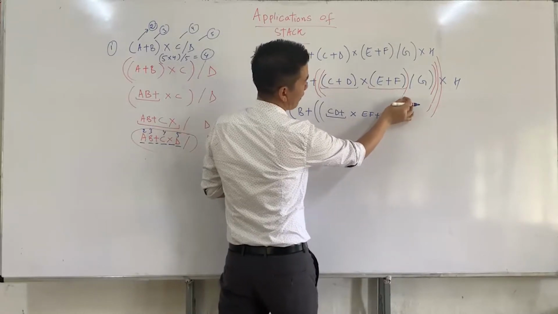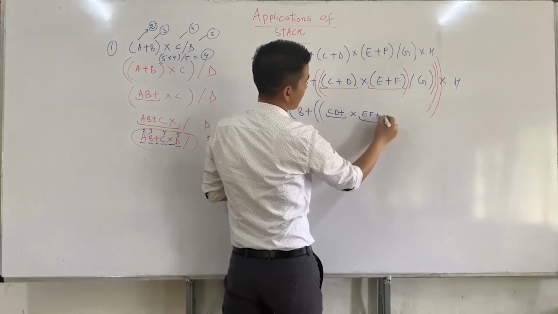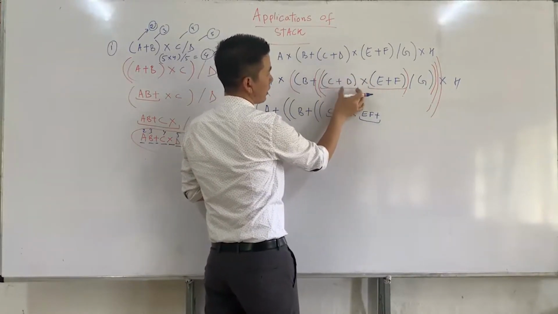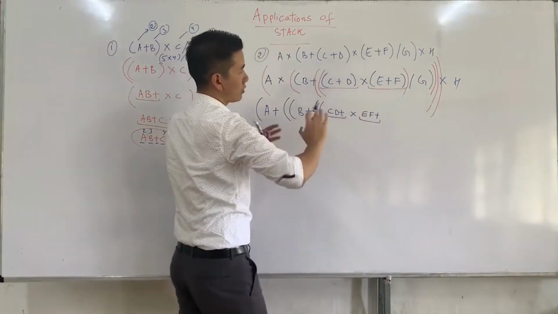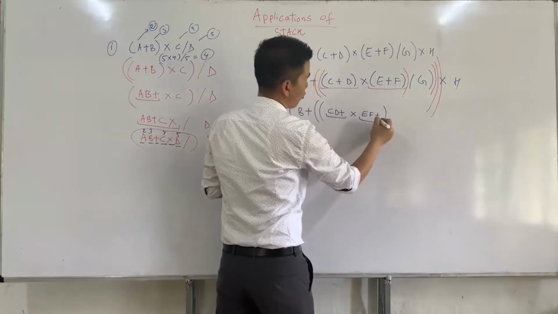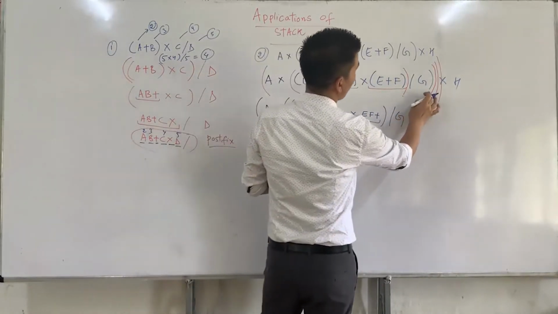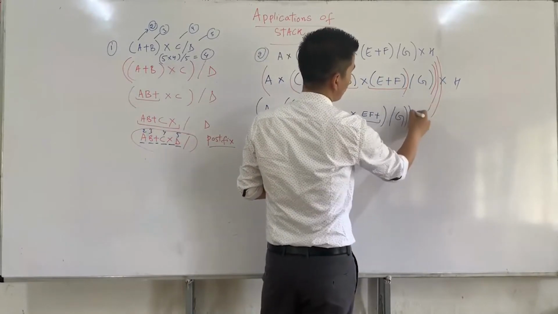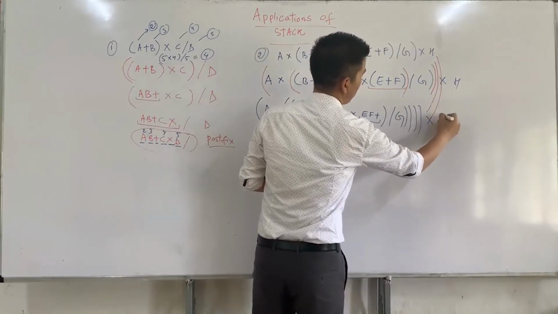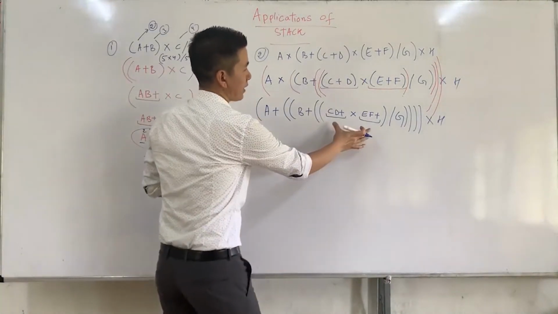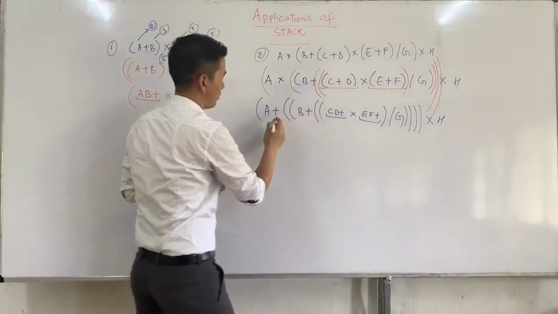I'm now left with just one bracket, remember? This bracket and this bracket, they all disappear, and then you're just left with 1, divided by G. How many brackets? 1, 2, 3, 4. Finally divide by H. Now next up is I need to evaluate this number.